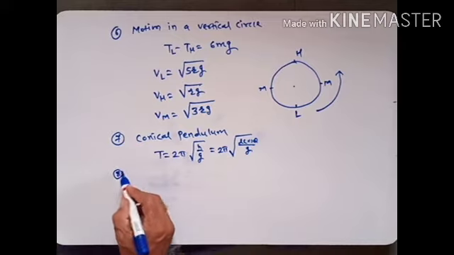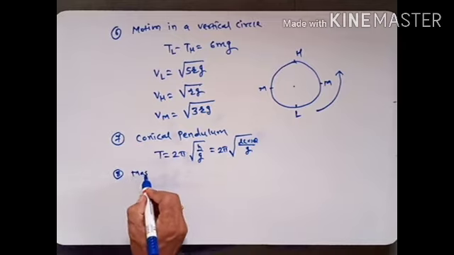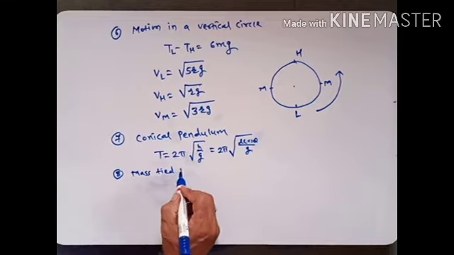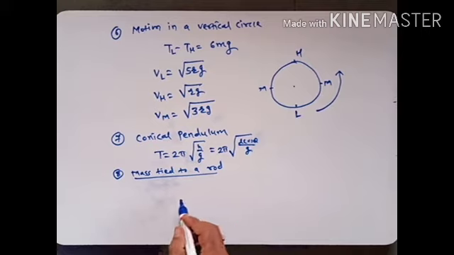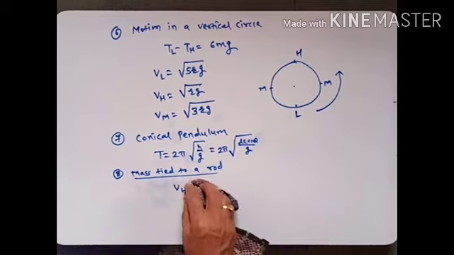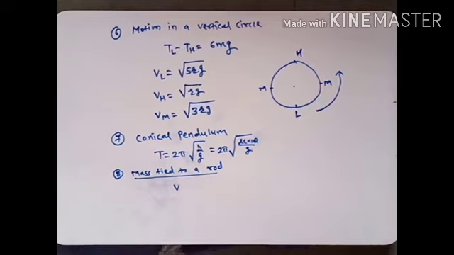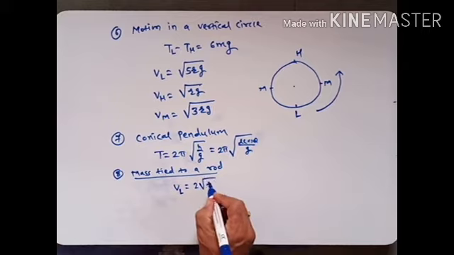Now mass tied to a rod. At the lowest point, VL equal to 2 root rg.